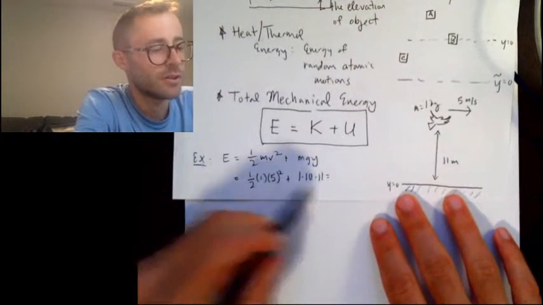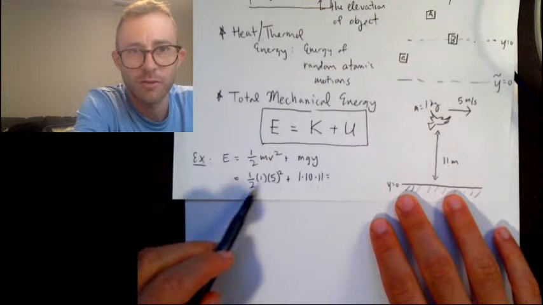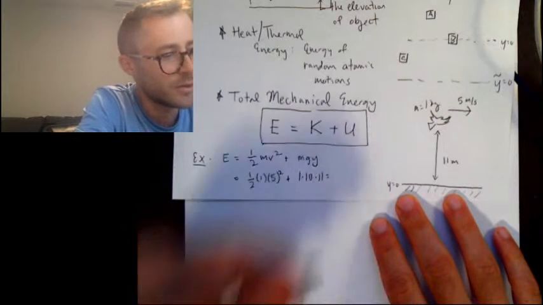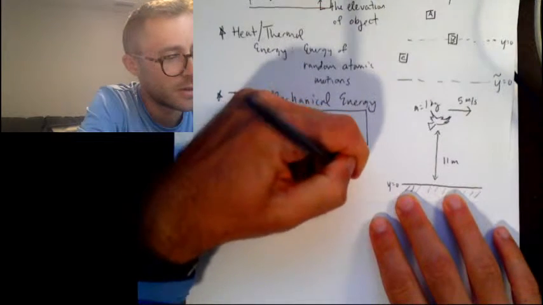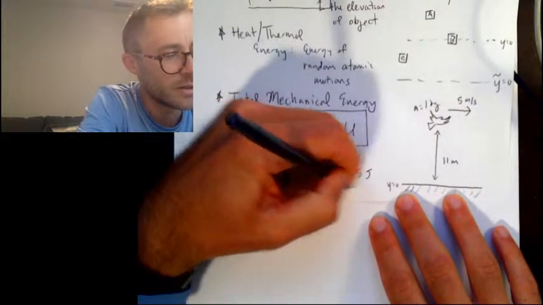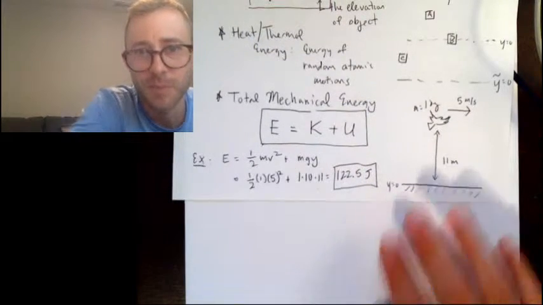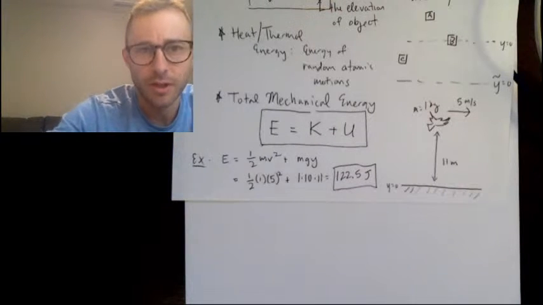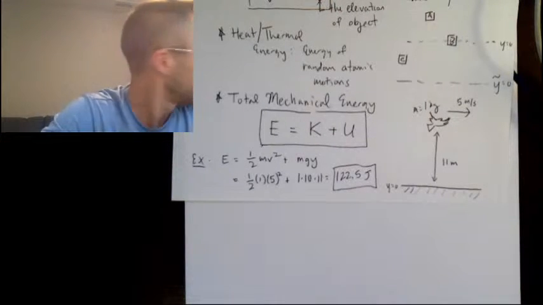So that's 110, and this is 12.5. So that's going to be 122.5 joules. That's the mechanical energy of the bird. So that's how you calculate total mechanical energy.